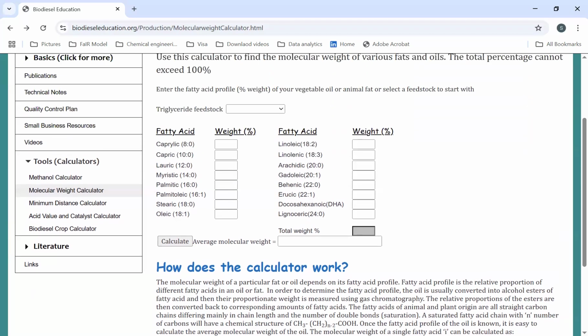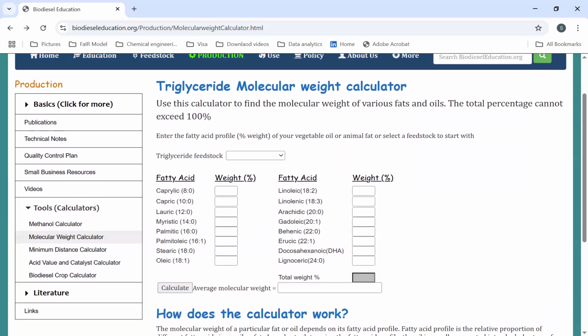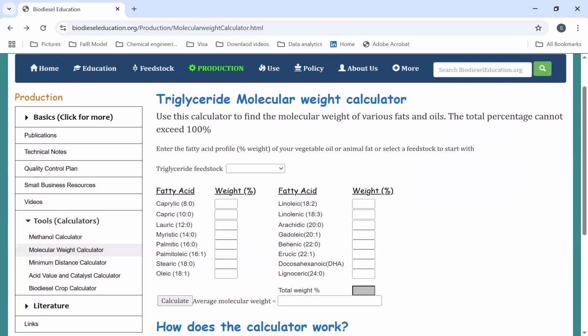In this case, let's go to this calculator again. This is just an interactive calculator.